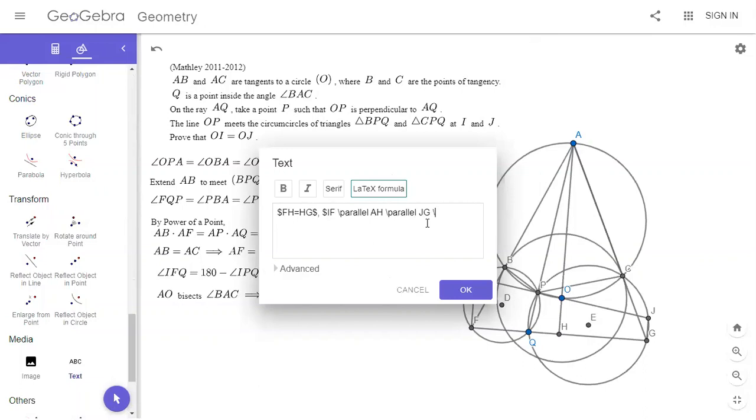So that means that OI equals OJ. All right.